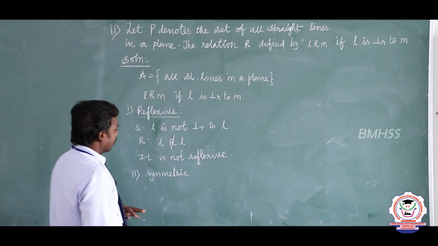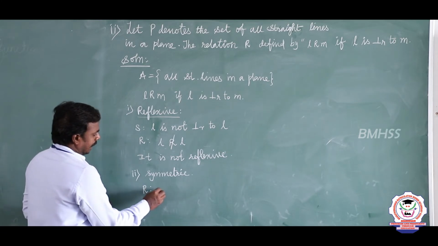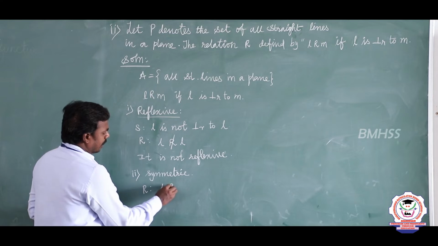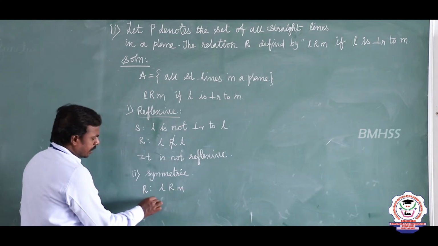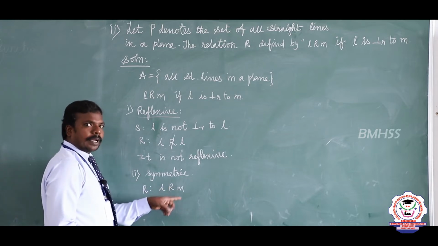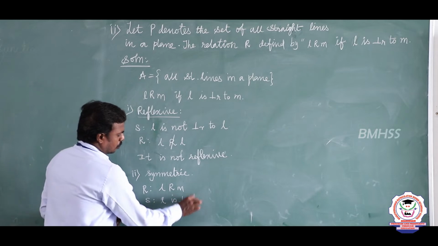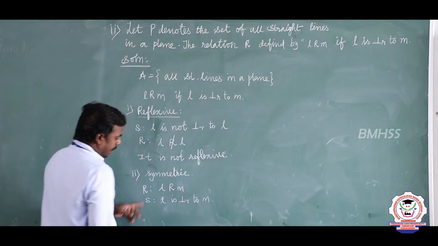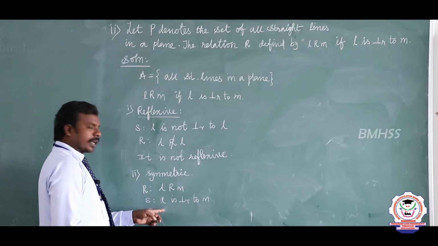L and M. So in the relation, L is related to M. How can you write the statement? L is perpendicular to M. And again the statement, M is perpendicular to L.